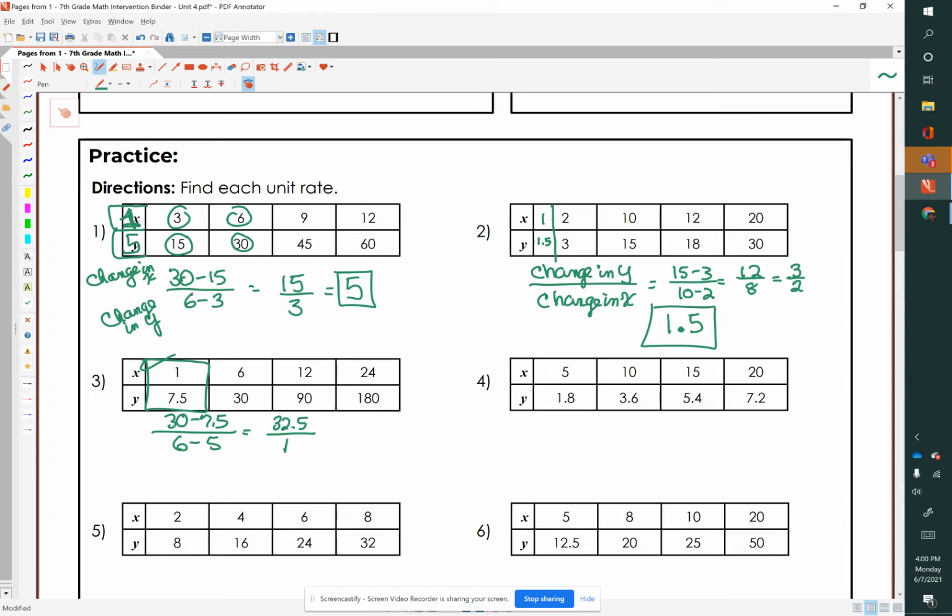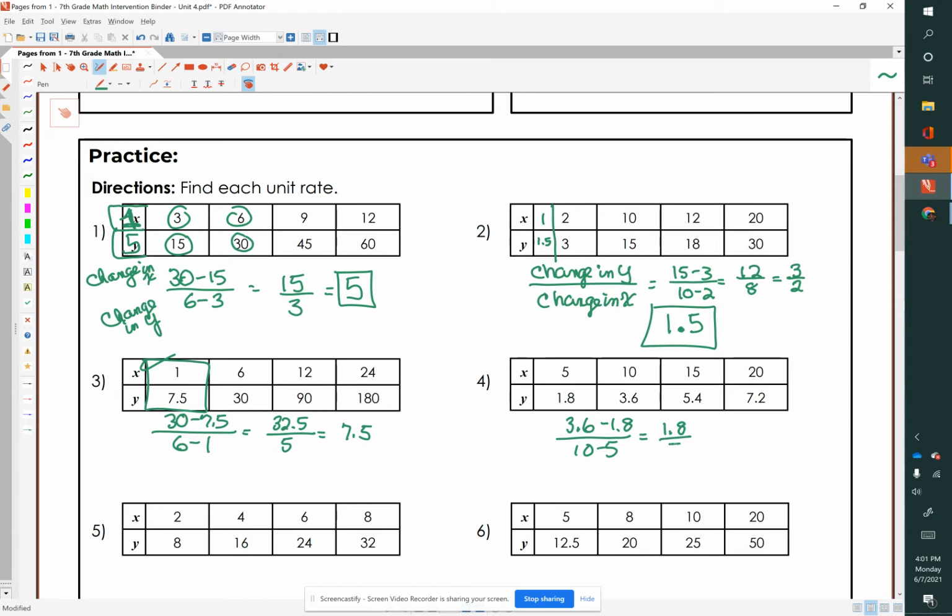Let's move on to number 4. 3.6 minus 1.8 divided by 10 minus 5. I just realized I miswrote something here. I just want to get that right. There we go. Okay, so 3.6, you might want to use a calculator for some of this work. So 3.6 minus 1.8 is 1.8.